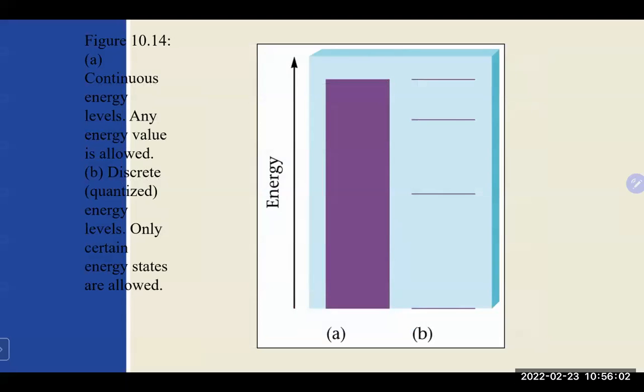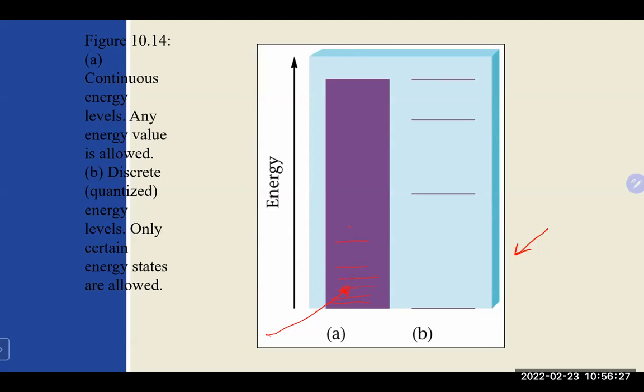And again, this is an idea of quantized energy versus continuous energy. Something like the sun and heated metals will give off a continuous one, and you can see you're going to get everything all the way along the way. You can pretty much stop anywhere along the way. And on the right here, we could have only these discrete states where we could find a particle like an electron.